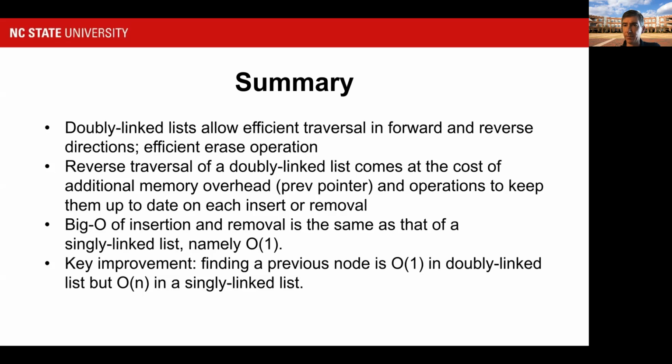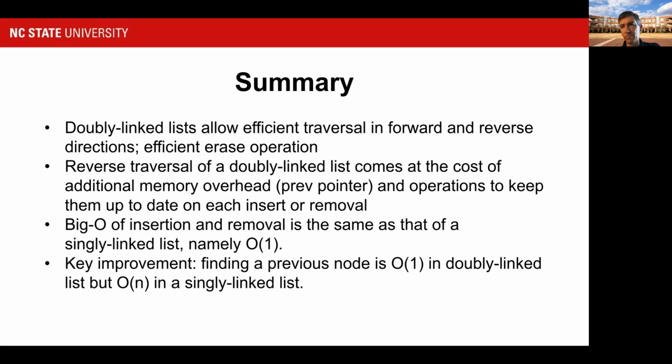And we saw that the append function was almost identical to the append for a singly linked list, but insert after got a little more complicated. The big O of insertion and removal is pretty much the same as that of the singly linked list. It's namely O(1). And so in terms of efficiency, our doubly linked list is really the same as our singly linked list.